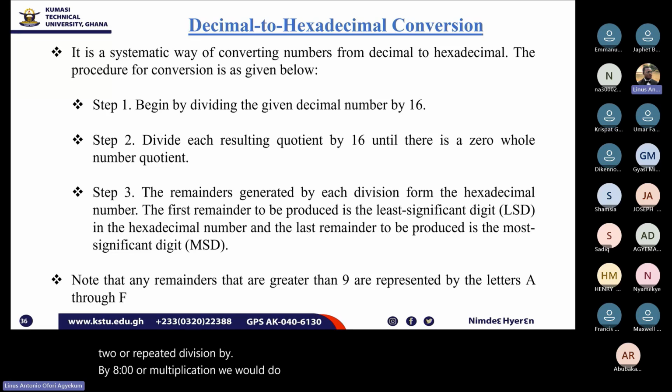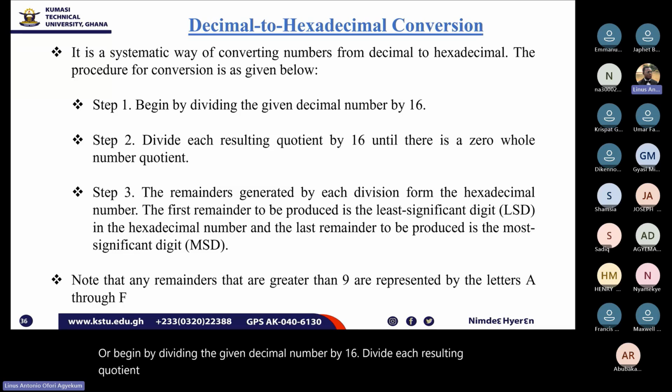So first, begin by dividing the given decimal number by 16. Divide each resulting quotient by 16 until there is a 0 whole number quotient. The remainders generated by each division form the hexadecimal number.